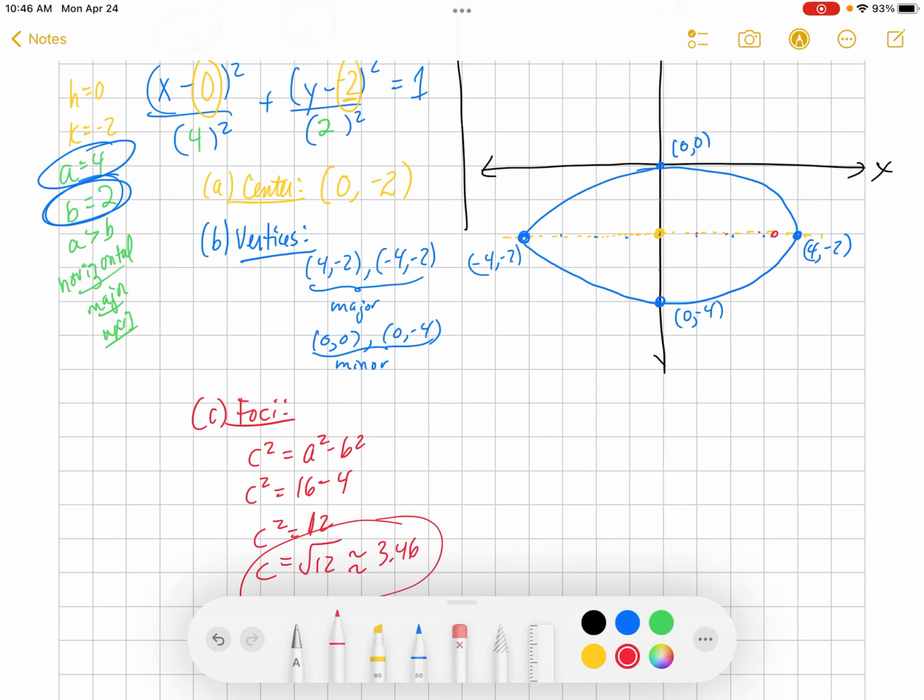So I can use 3.46 to find my foci from the center. So I'm going to go to the center. I'm going to go to the right 3.46. It's going to be 3.46, comma, negative 2. That's going to be my F1. So F1 is about 3.46, comma, negative 2. And to find F2, we're going to go back to the center and go left 3.46.